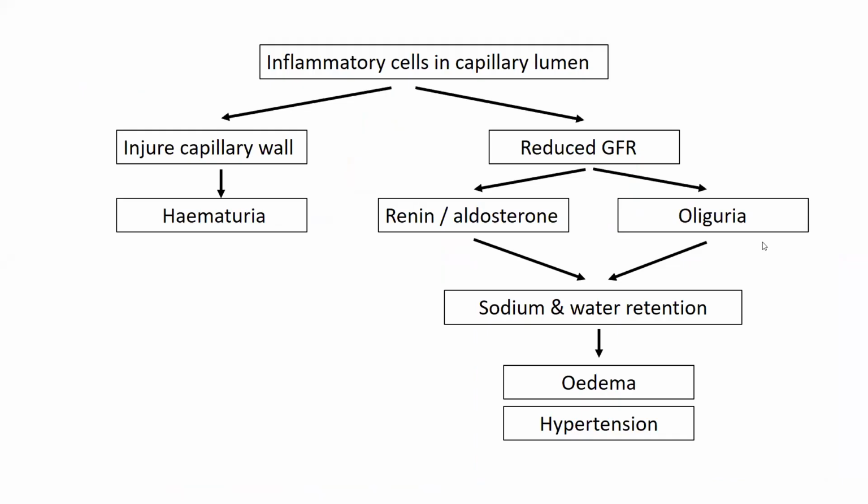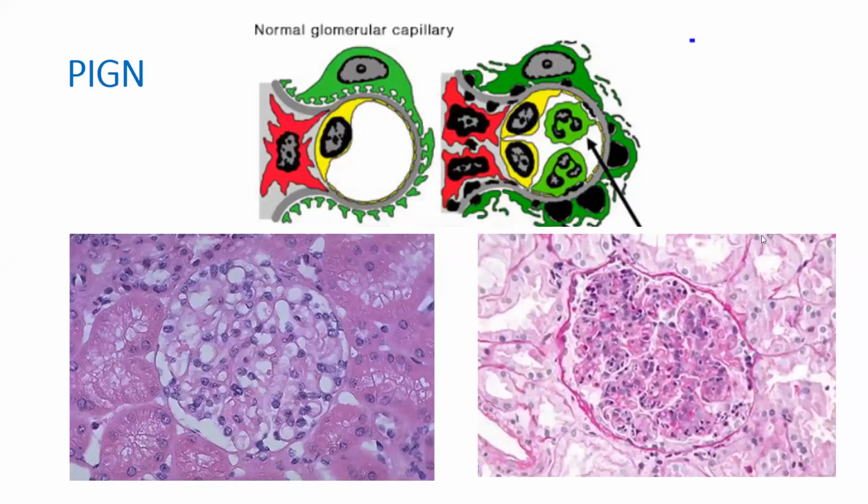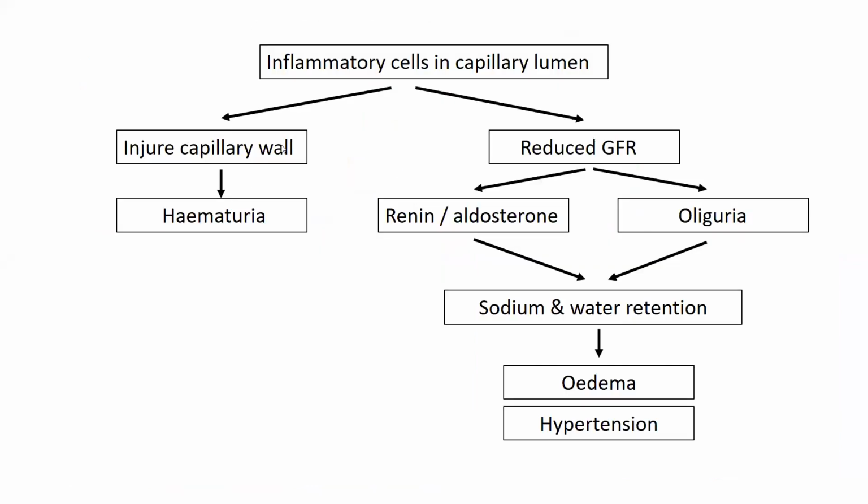So what's the pathology behind it? As you can see, there will be lots of inflammatory cells that are going to come into these glomerular capillaries, and it's going to obstruct these capillaries, and it's going to damage the capillary endothelium. So when it injures the capillary endothelium, you will start getting the red cells going out of the glomerulus, and you end up with hematuria. And on the other hand, when the glomerular capillaries are obstructed with all these cells and the damaged cells, it's going to reduce the GFR.